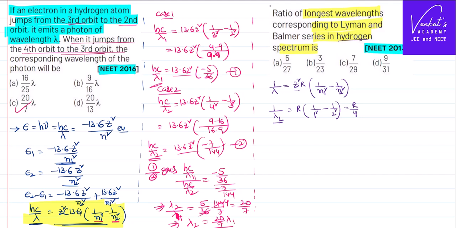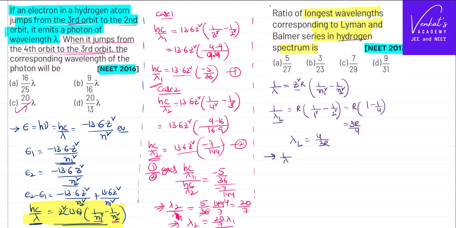That's the first case. Right? I have to calculate this. R times 1 minus 1 by 4 is 3R by 4. Therefore, the wavelength of the Lyman series is 4 by 3R.